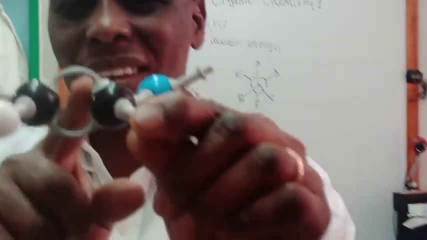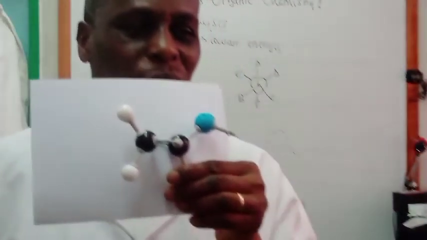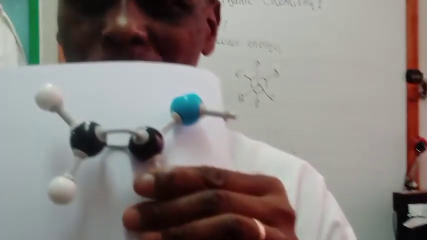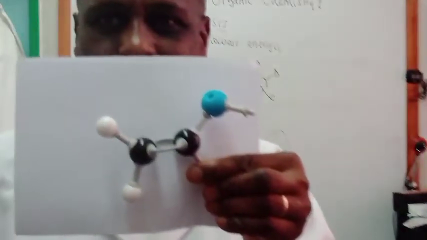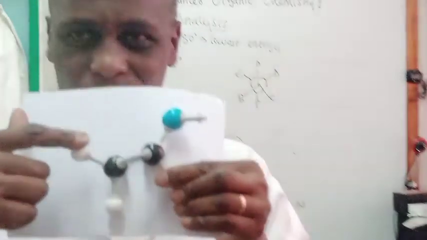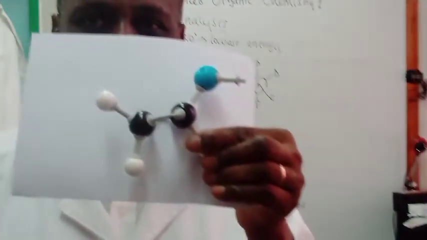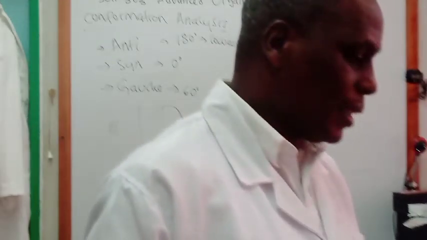But if I use something like this white paper as a plane, you're going to see, as opposed to the alkanes which were tetrahedral, in a double bond all the atoms are going to be lying on a plane, like in this case the white one for the hydrogens and probably another atom, but they are all lying on a plane, and the bond angles are all 120 degrees.